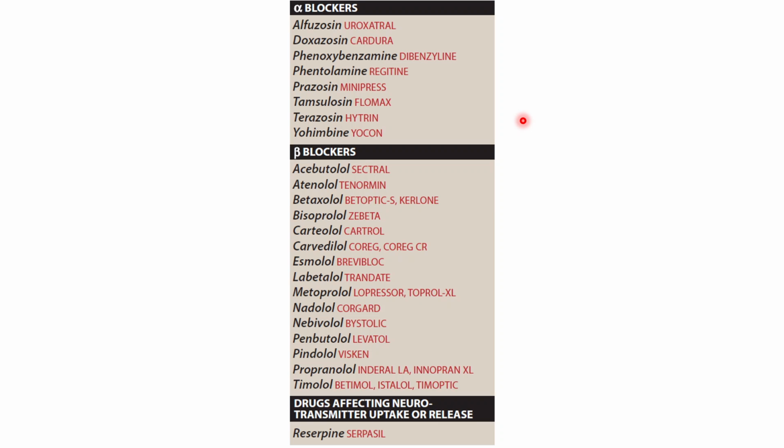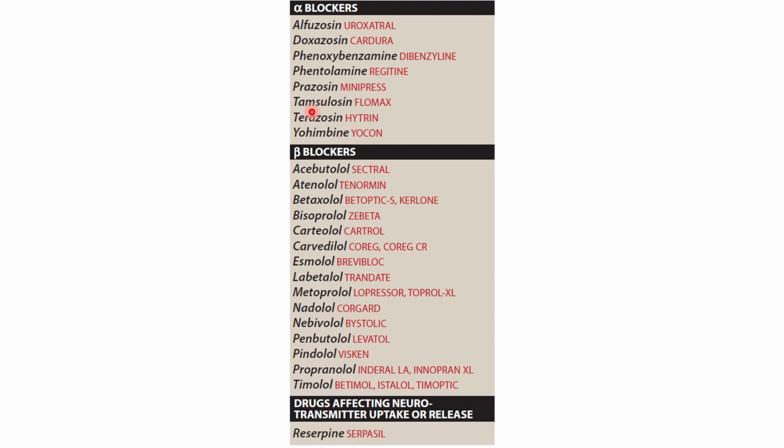So these drugs are more selective, though not sildenafil, I mean tamsulosin, terazosin, doxazosin, and prazosin.